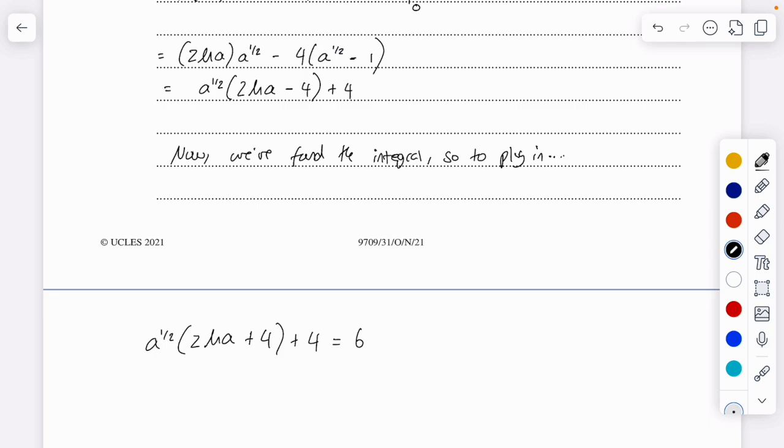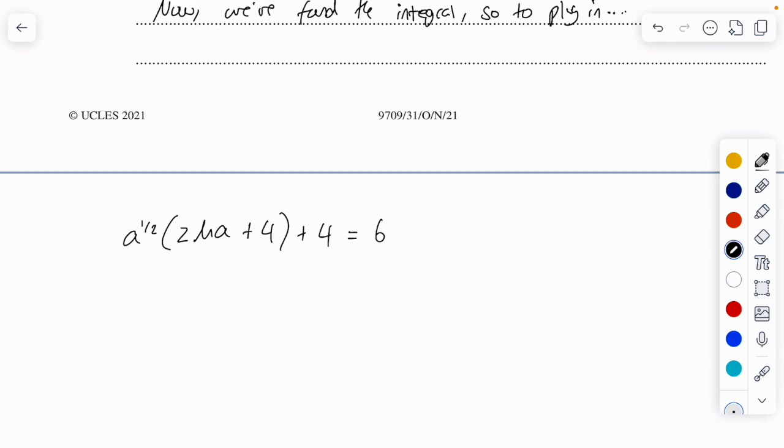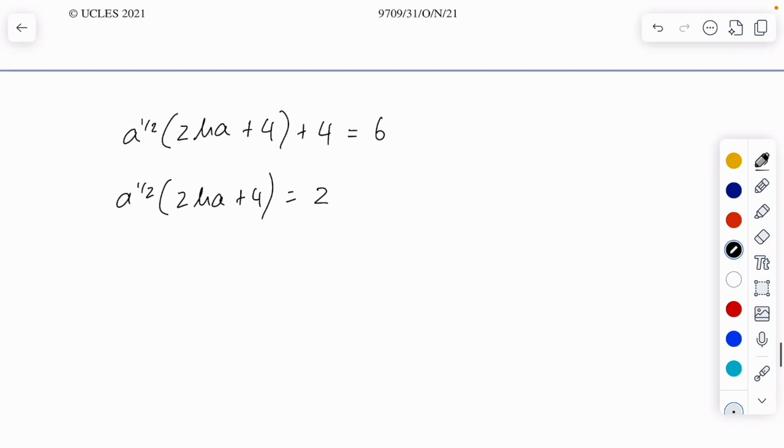Which means that if we take this down, we get a to the half times 2 ln a minus 4 is equal to 2.